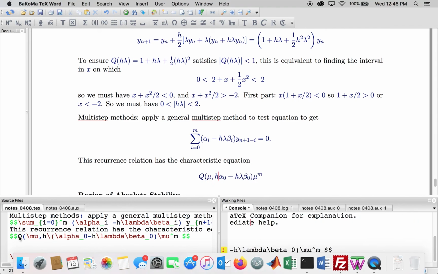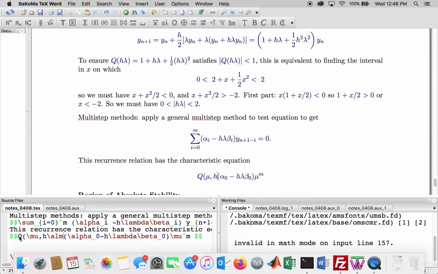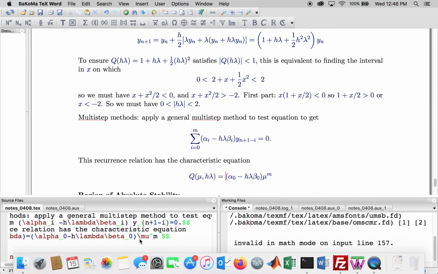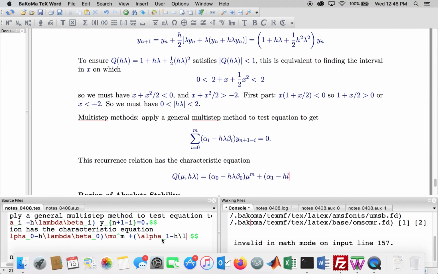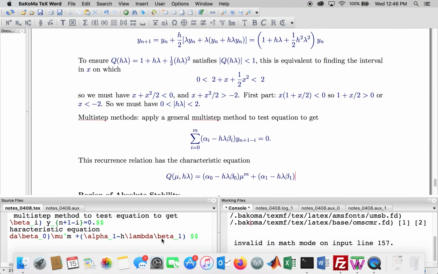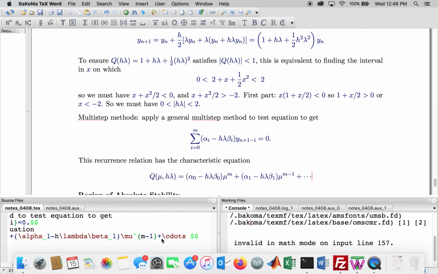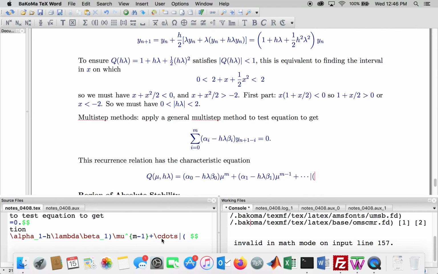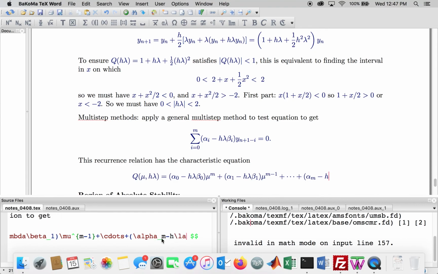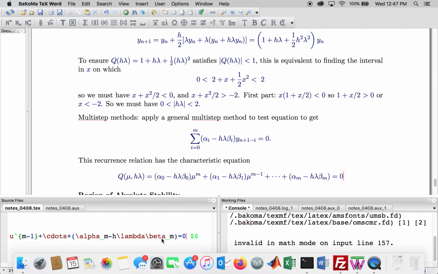So h lambda affects the coefficients, but it is a polynomial in mu. So we have the other coefficients, alpha 1 minus h lambda beta 1, mu to the m minus 1, and we keep going all the way down to the last coefficient, alpha m minus h lambda beta m. And that must be equal to 0. So that's the characteristic equation.